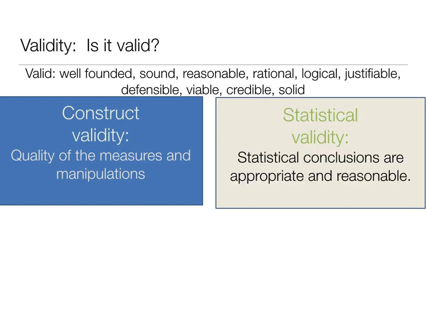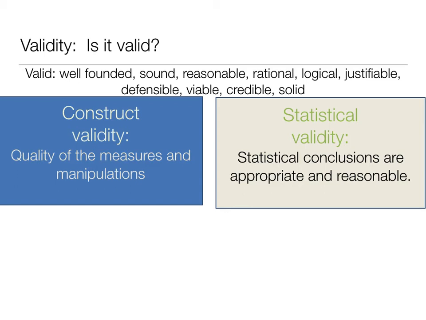Another one of those is statistical validity. Are our conclusions appropriate and reasonable? And we're going to spend pretty much the entire half of the class talking about that, okay, when we're talking about the various statistical tests. But you've got a lot of statistics coming into this course, and so you can evaluate those as well. You can evaluate correlations.